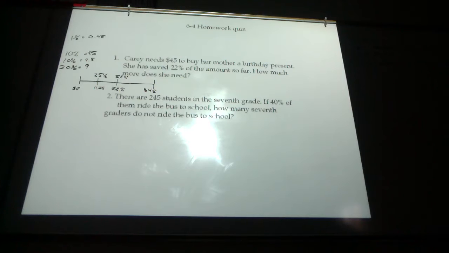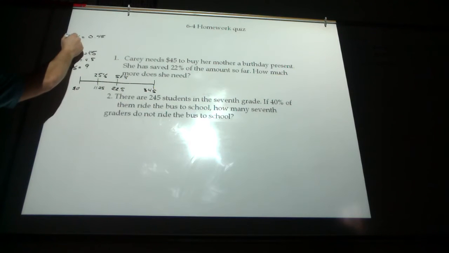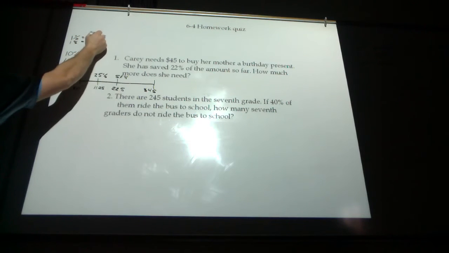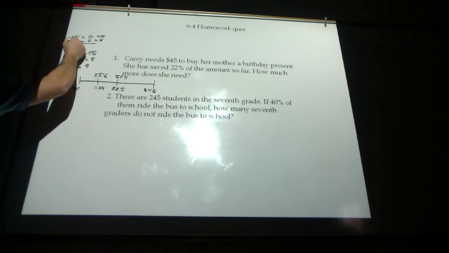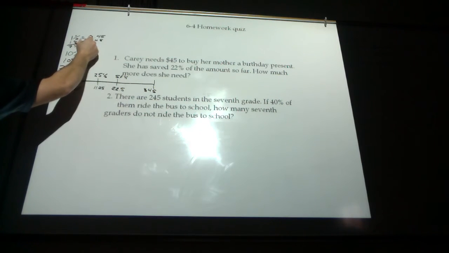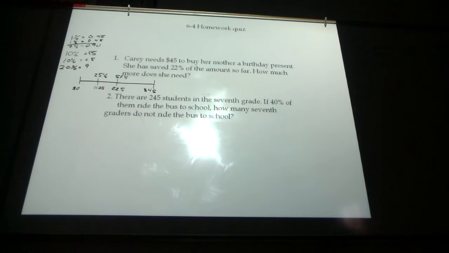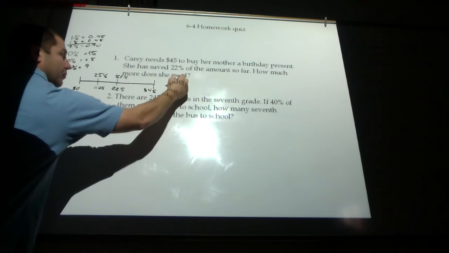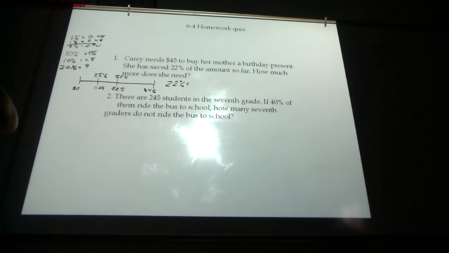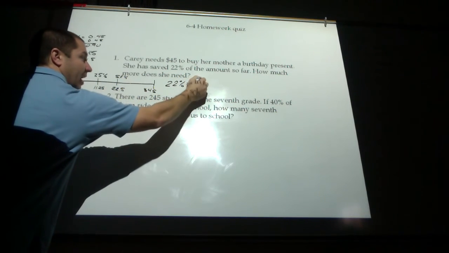So if we need to find 2% to get to 22%, we just add one more 1%. 1% plus 1%. Now, if we combine our 2% with our 20%, we have our grand total. We know that 22% is the same thing as $9.90.